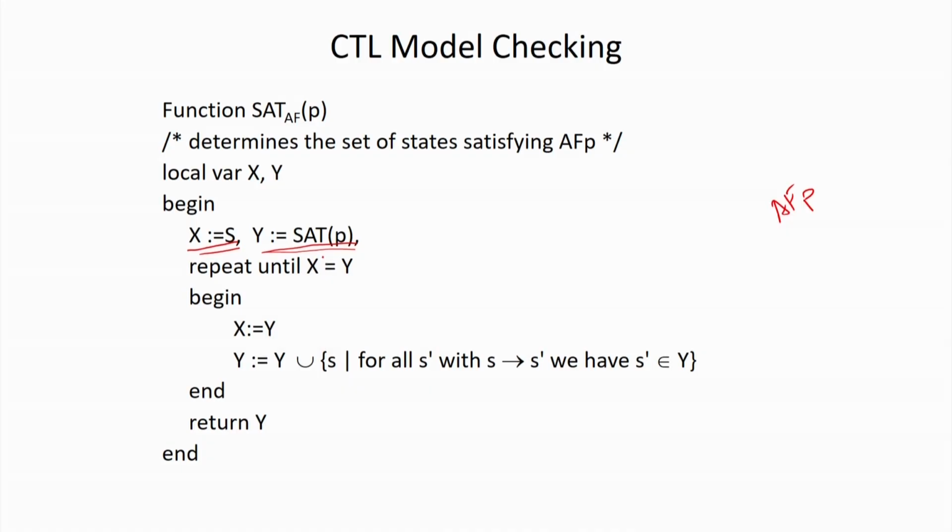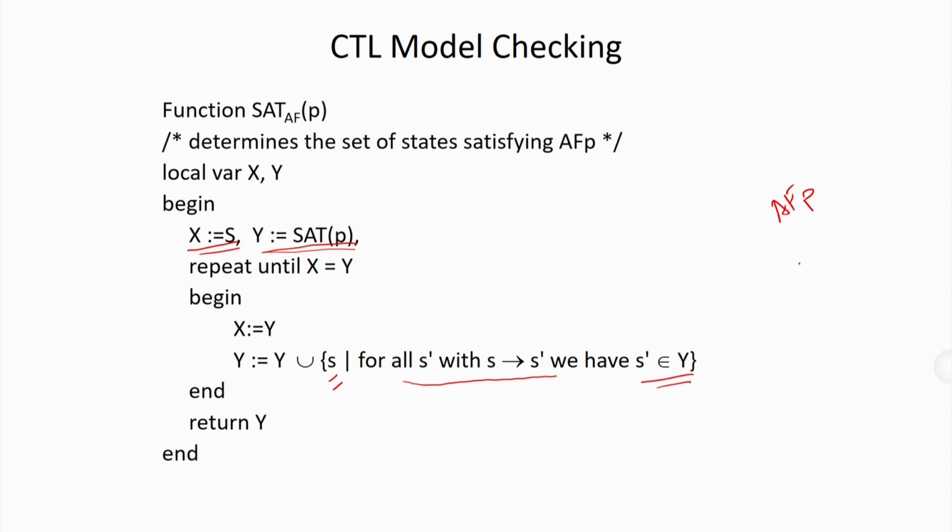So, this is the initial state where AFP is true, then I am going to collect such states and append them to y, or take the union with y. Those states must have this particular property: for all S' with a transition S to S', we must have all S' belonging to Y.